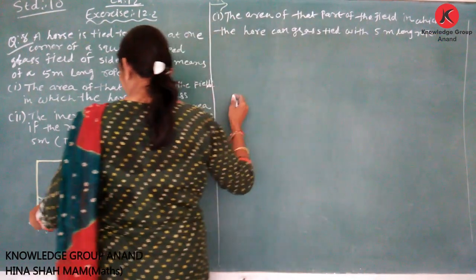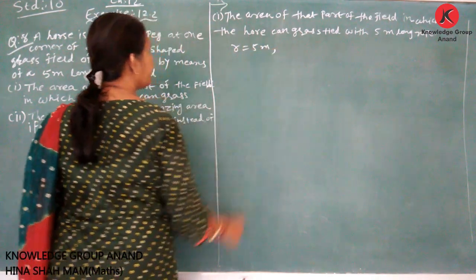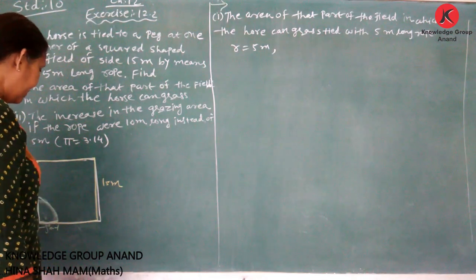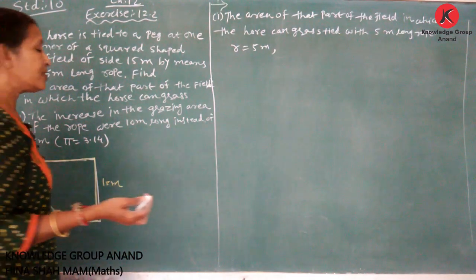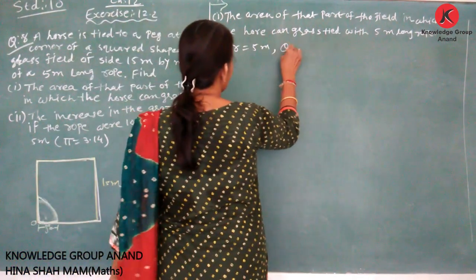Here R is equal to 5 meter. Then theta, at the corner of the square, is equal to 90.